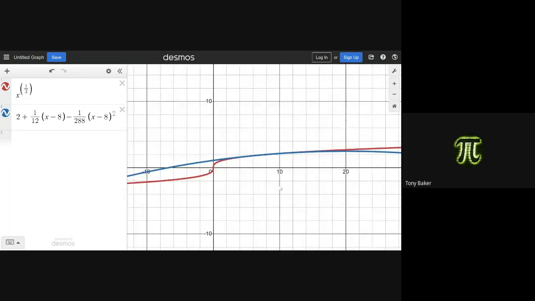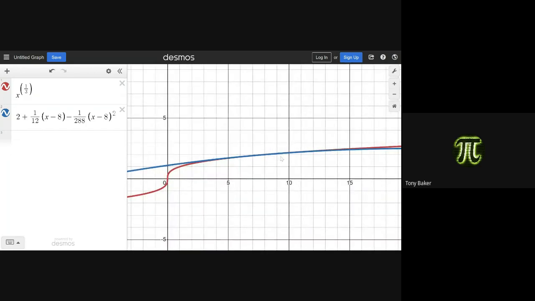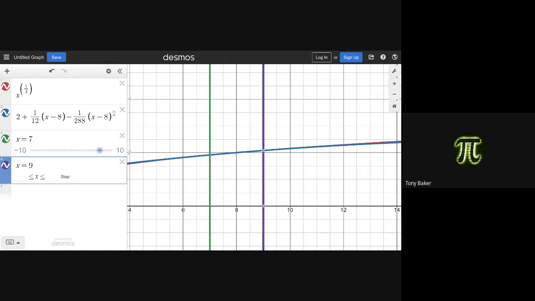Is this a good approximation of that curve? For the vast majority, no. Right through here, yeah. And remember, we were looking at between 7 and 9.